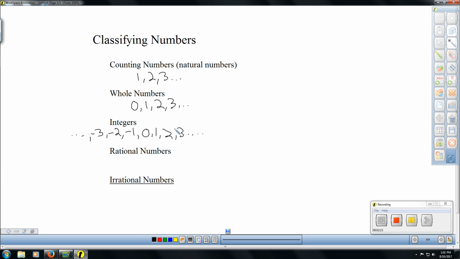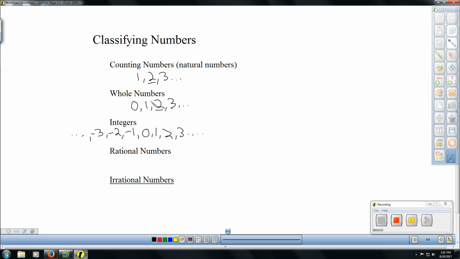Now notice something here. This set of numbers, 1, 2, 3, and so on, fits within this set of numbers with a slight addition. This set of numbers fits within the next set of numbers, again, with some addition. So each group kind of spills into the next. So notice a number like 2, for example, could be called a counting number.